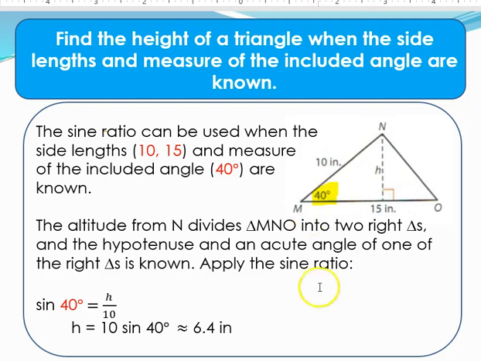So opposite over hypotenuse is sine, so here we go. Sine 40 degrees equals h, for height, over the 10 inches, and we multiply both sides by 10. 10 sine 40 degrees is approximately 6.4 inches. And that's all you have to do with that problem because you were finding the height.